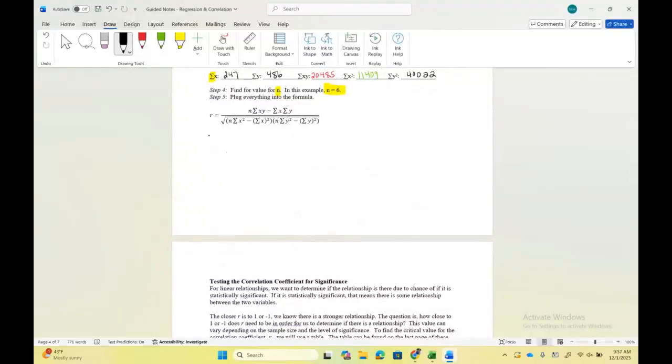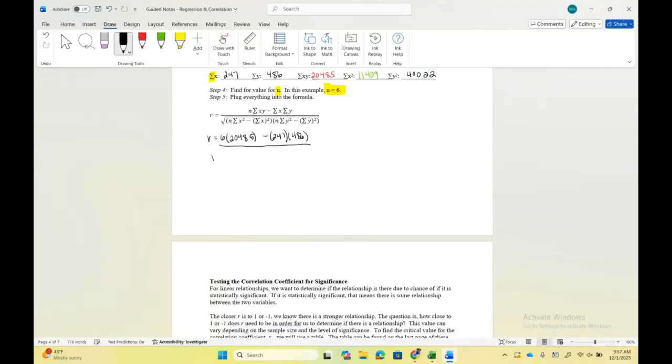All right, so here we go. R equals n, which is 6, times the sum of xy, which is 204.85, minus the sum of x, which is 247, times the sum of y.